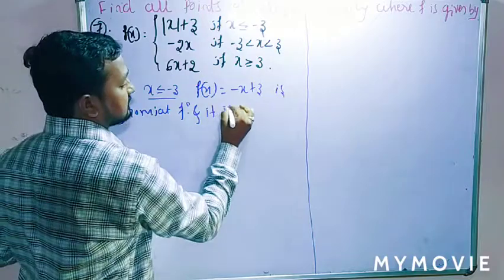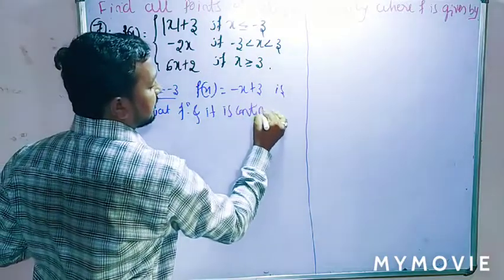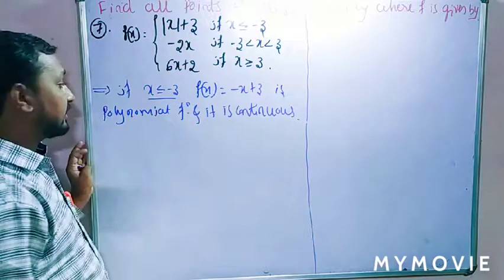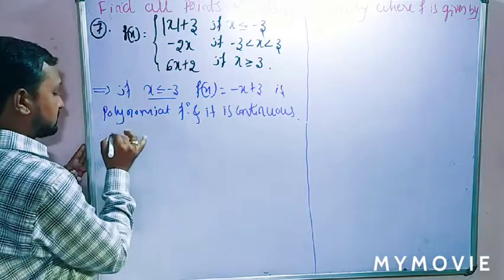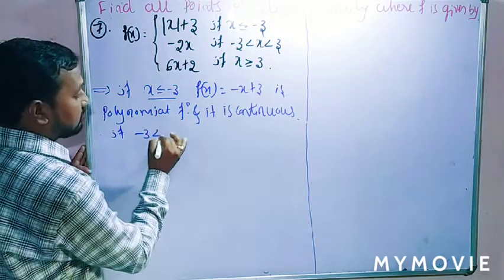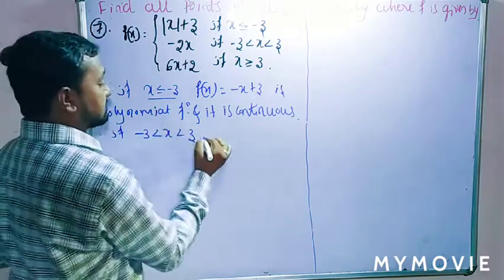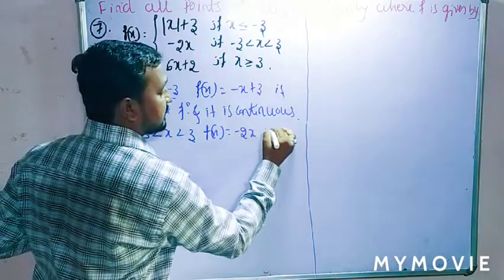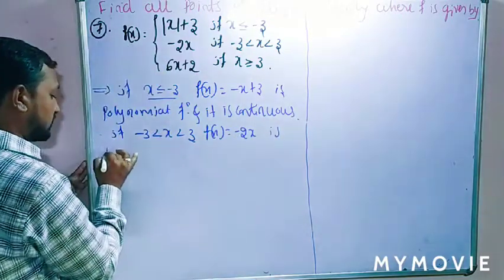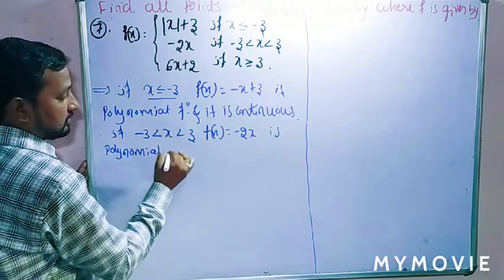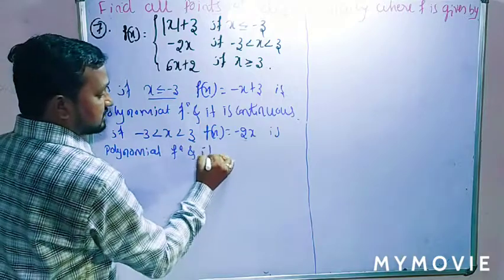and it is continuous in this situation. Okay, next, if x lies between -3 and +3, then f of x is equal to -2x, which is also a polynomial function, and it is continuous.